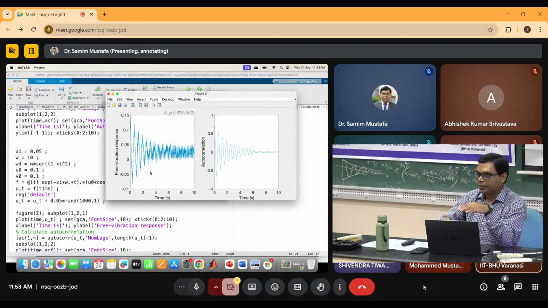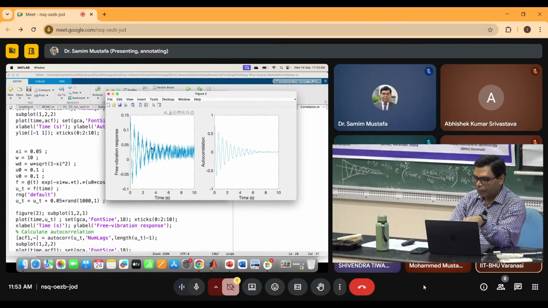Suppose you are running a car and then measuring the free vibration of the bridge, because you want to estimate the frequency, natural time period, or mode shape or damping ratio of that particular target structure. So you will have this type of free vibration decay, but with that there will be some noise, which is like this.